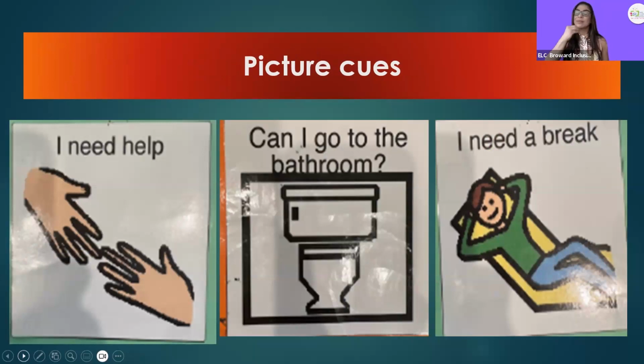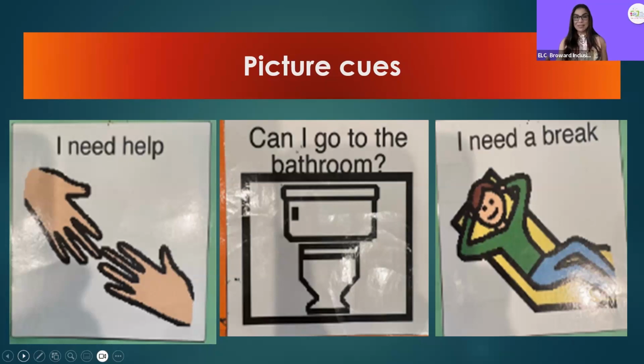They may not have the vocal language that we typically associate with communication, but behavior, gestures, pointing, physical prompting, it's all part of the way they communicate, right? And what a great way to have them express basic needs.